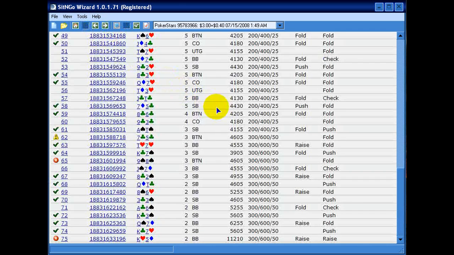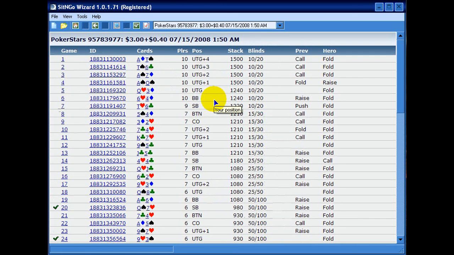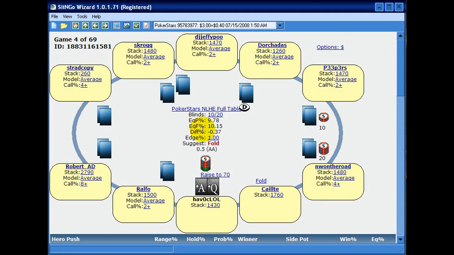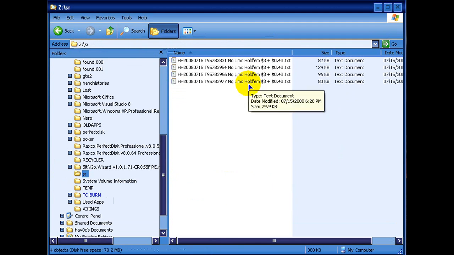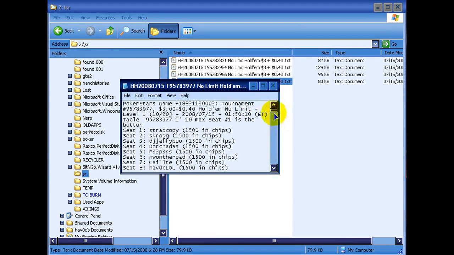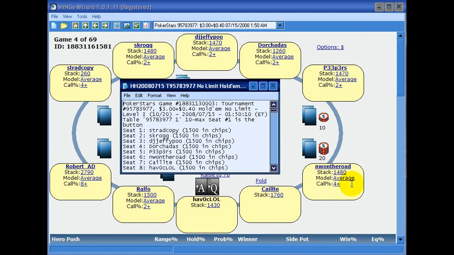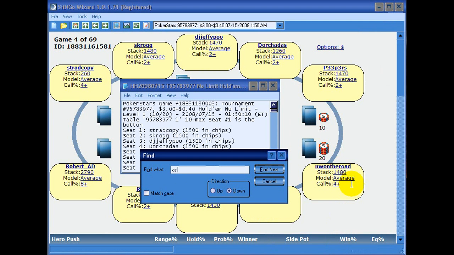We'll just continue. Here we lose a pretty big pot with ace queen suited. We raise to 70, and this is 977. And we have ace of spades, queen of spades, or queen of spades, ace of spades.